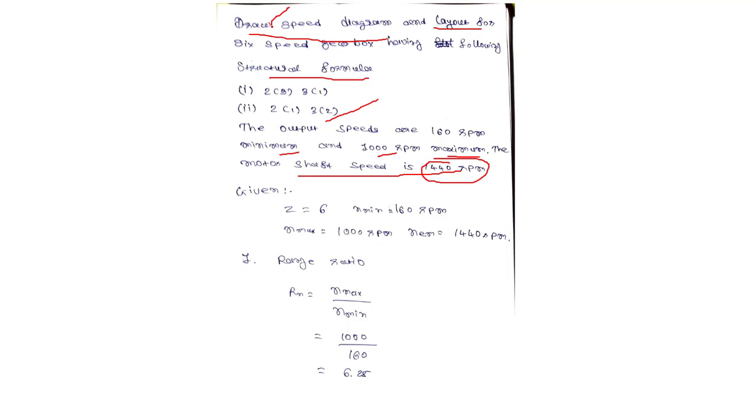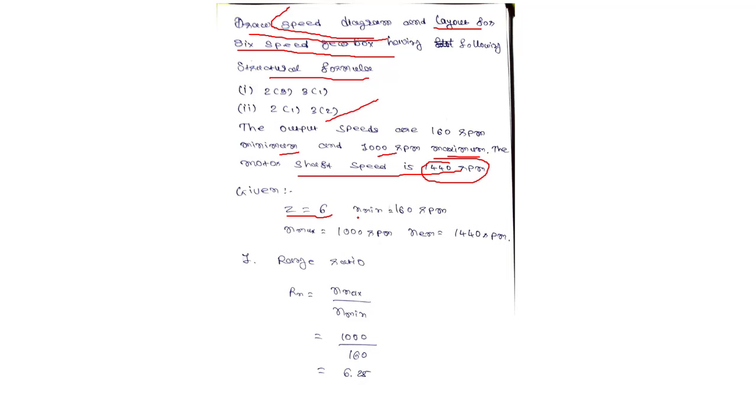What is a speed diagram we will see in this lecture, and we have been given that we have to find the 6-speed gearbox. So the number of speed steps is 6, so Z is equal to 6.